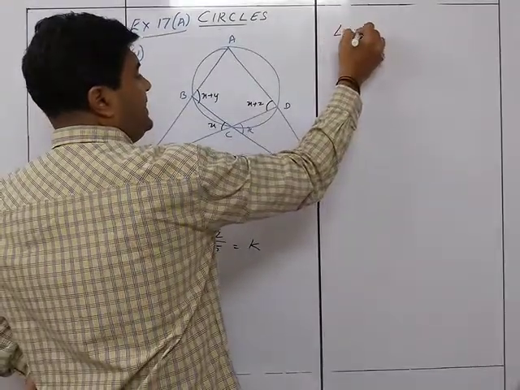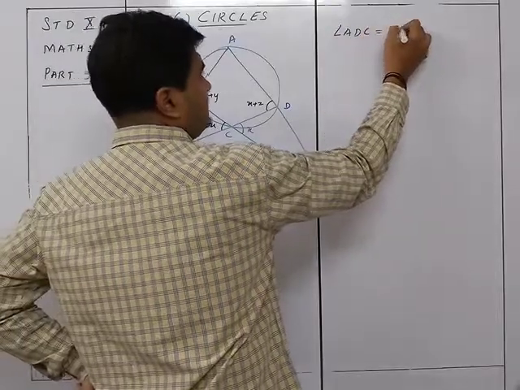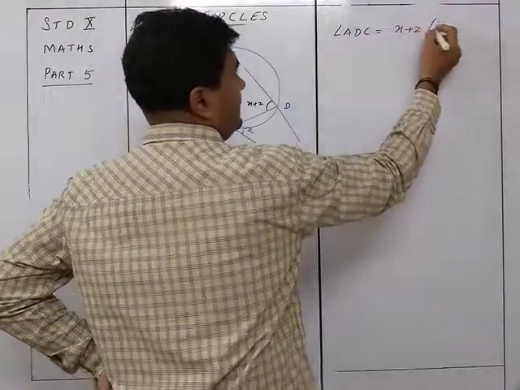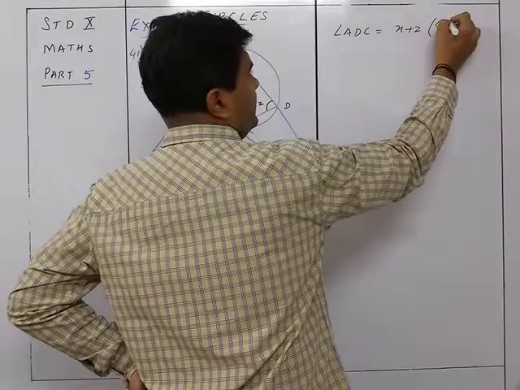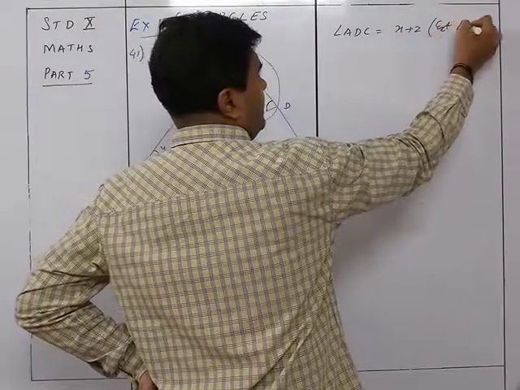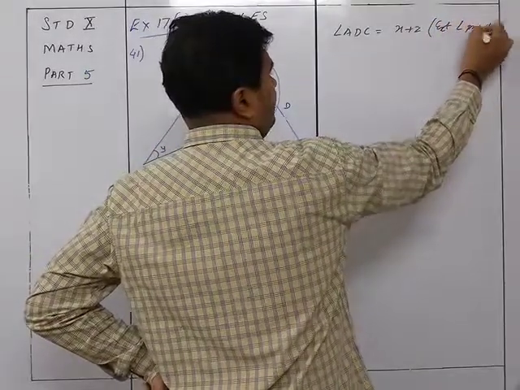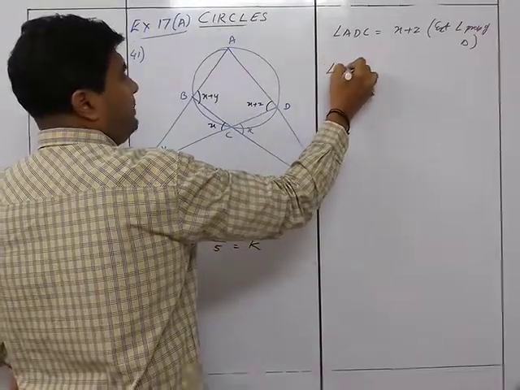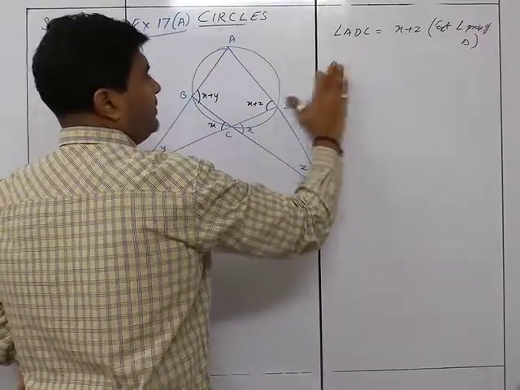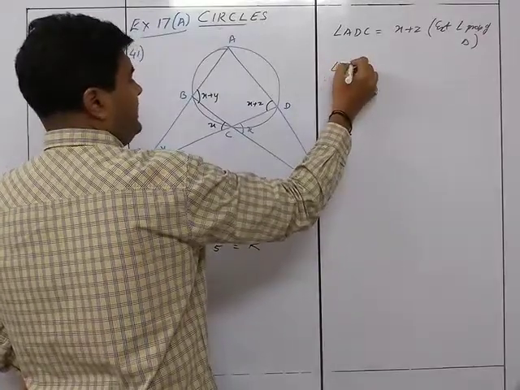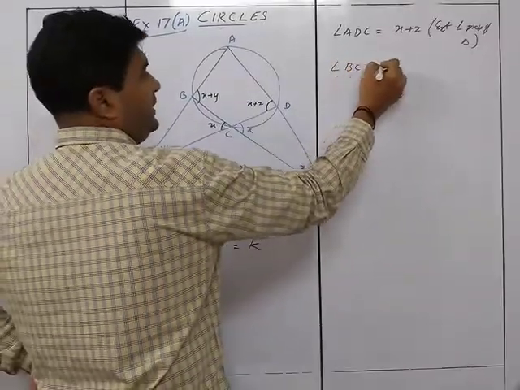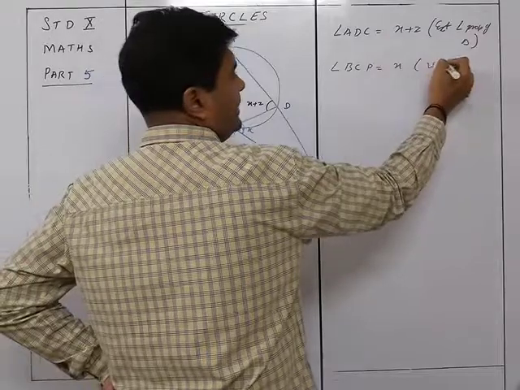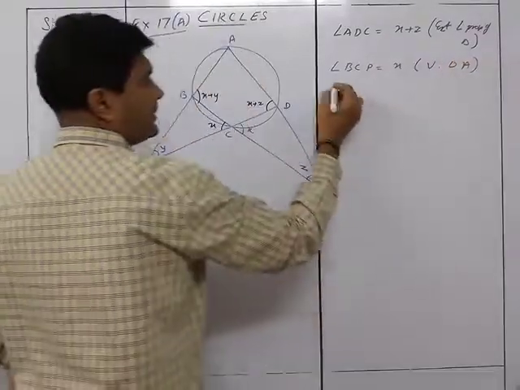Angle ADC is equal to x plus z, because of the exterior angle property of triangle. Before that, angle BCP is equal to x, vertically opposite angle.